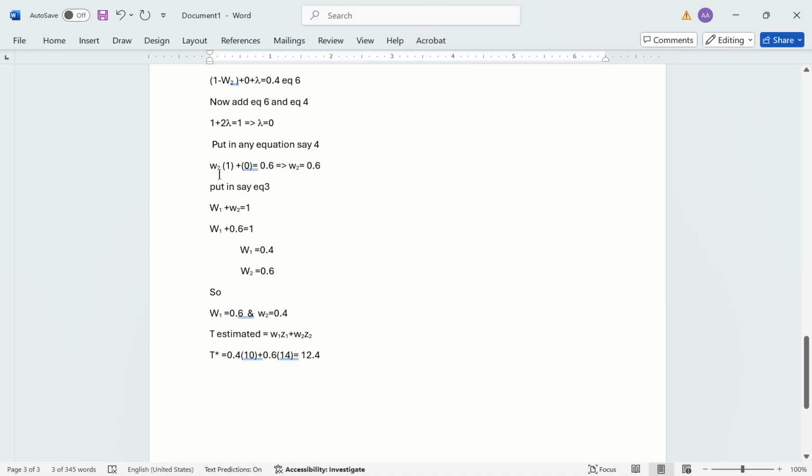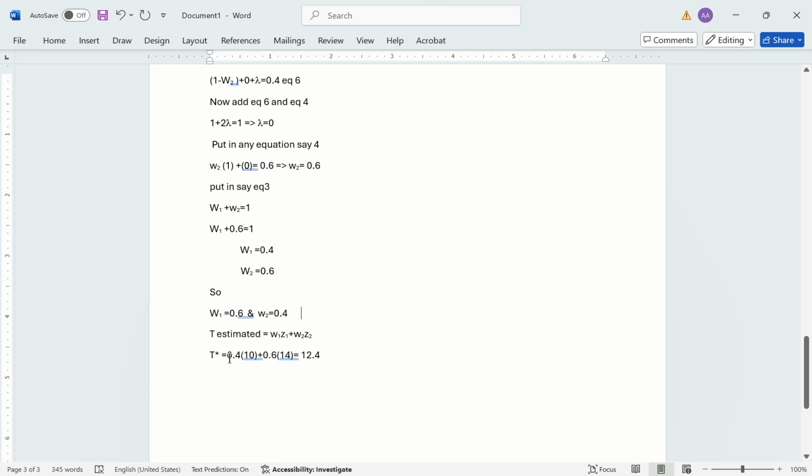So which means W2 is equal to 0.6. Okay, we have found one weight. Then for the other, as we have only two weights over here, W1 plus W2 is equal to 1. Putting the value of W2, we will get W1 0.4 and W2 0.6.